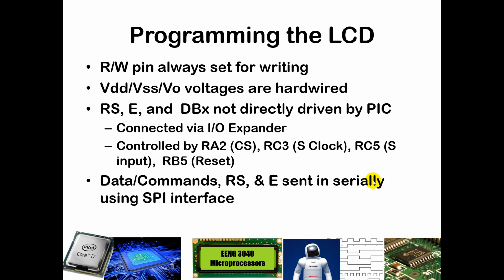The CS line is controlled by RA2, the serial clock by RC3, the serial input by RC5, and then that reset by RB5. The data commands, RS, are all sent in using the SPI interface, which uses serial communication. We'll talk a lot more about serial communication later in the course, but I just want you to be aware that that is how this information is coming in. We're clocking in 1 bit at a time until all of those registers are set up.